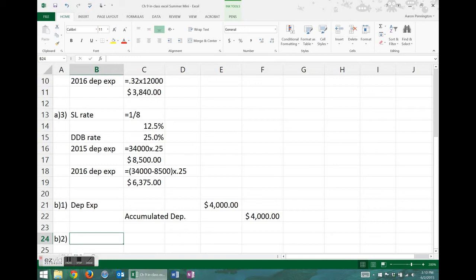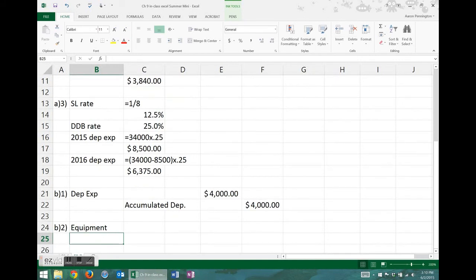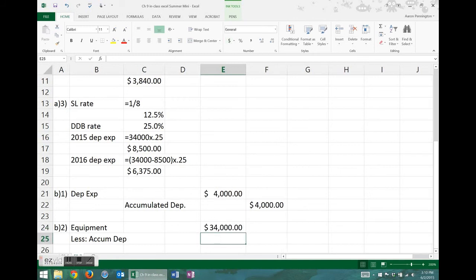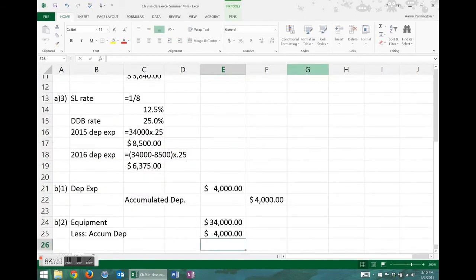So equipment, less accumulated depreciation. All right? And generally the equipment would be shown at purchase price, $34,000. Accumulated depreciation at the end of 2015 is just 1 year, so that's your $4,000.